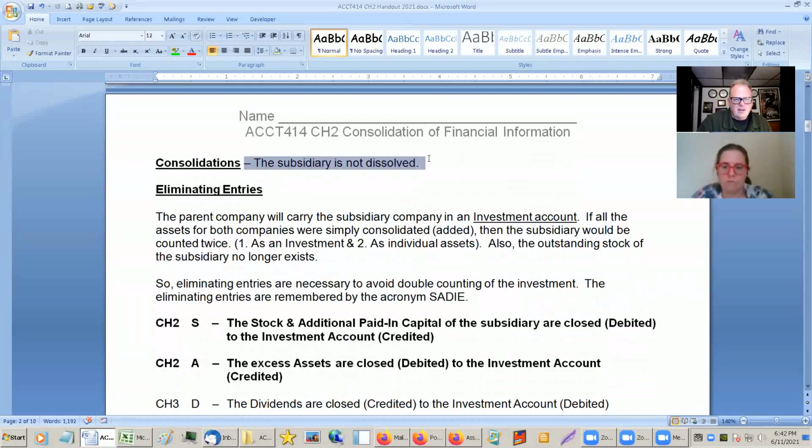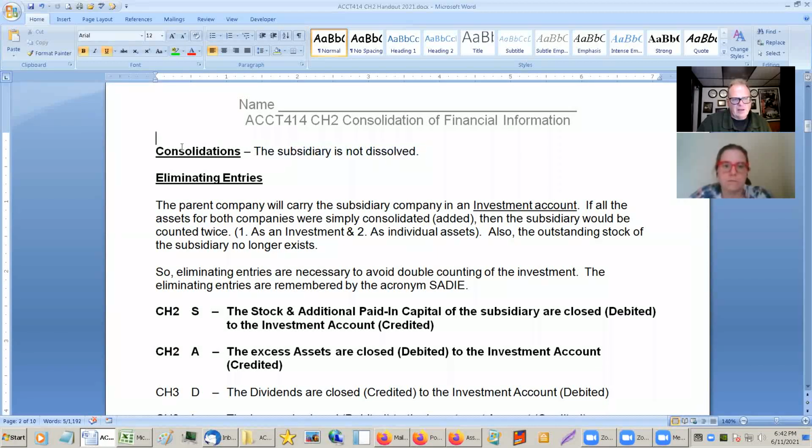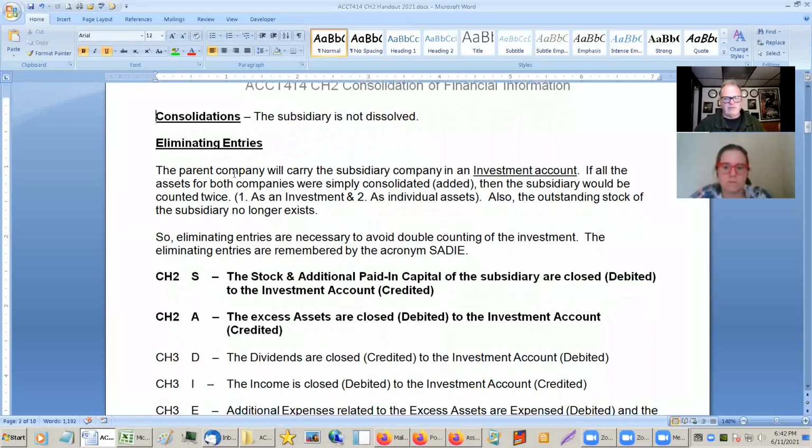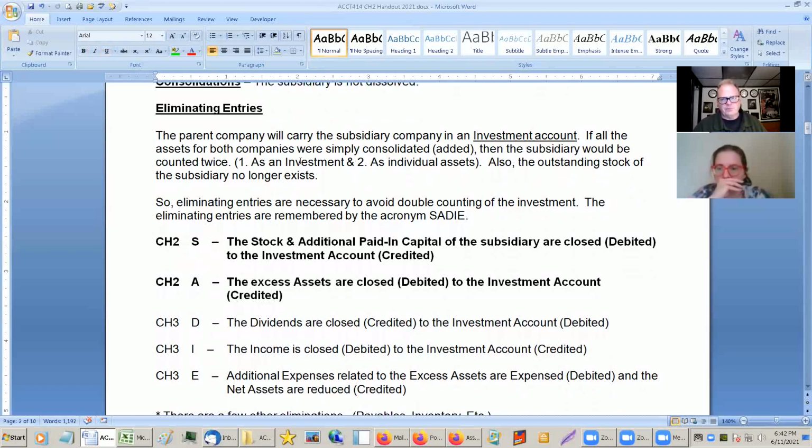Consolidations. We'll probably get to that a little bit later, but consolidations are basically when the company is not dissolved, you keep it separate, and you take the two companies and kind of smash them together.